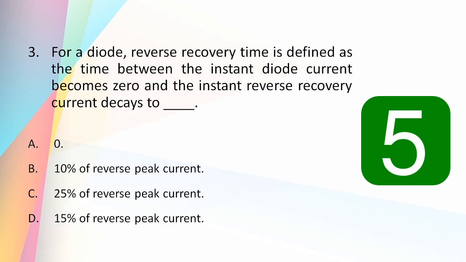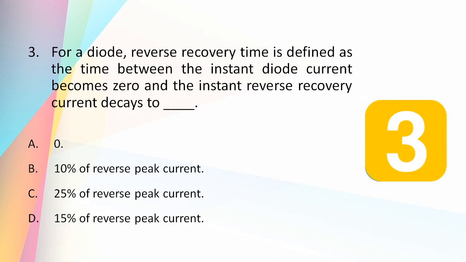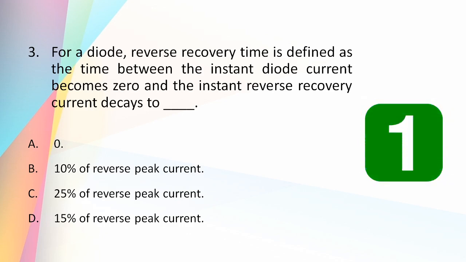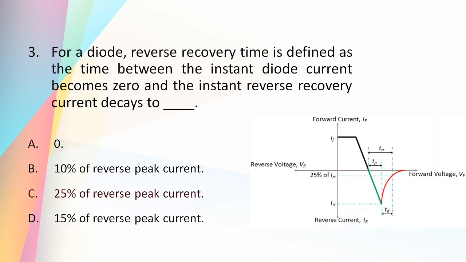For a diode, reverse recovery time is defined as the time between the instant diode current becomes 0 and the instant reverse recovery current decays to 0, 10% of reverse peak current, 25% of reverse peak current, 15% of the reverse peak current. And the answer is 25% of reverse peak current.